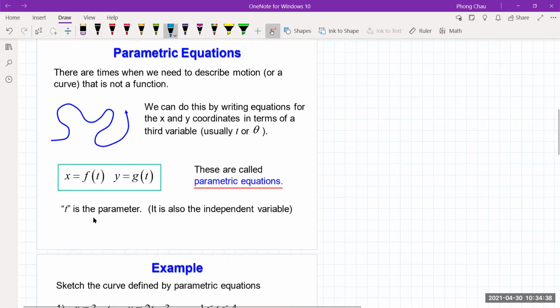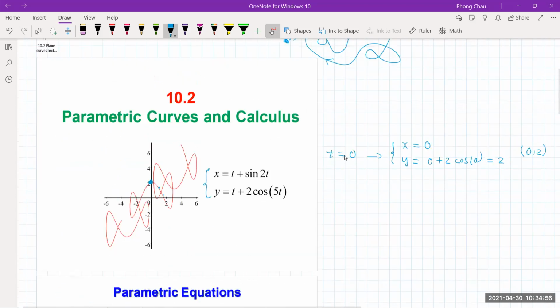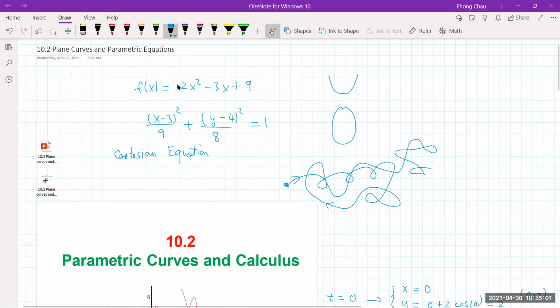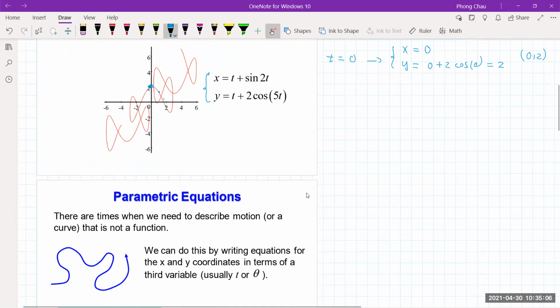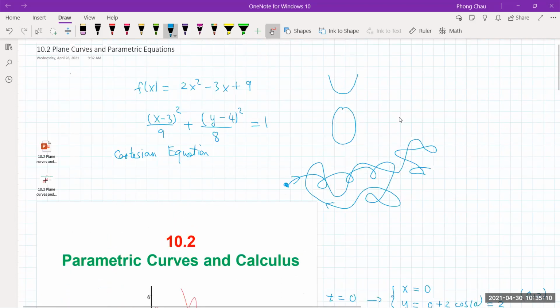Now t again is called the parameter. It is an independent variable. In a case like this, both x and y are now dependent variables. When it comes to plotting points, over here you plug in values for x to calculate the corresponding y, and we often use a T chart, right?